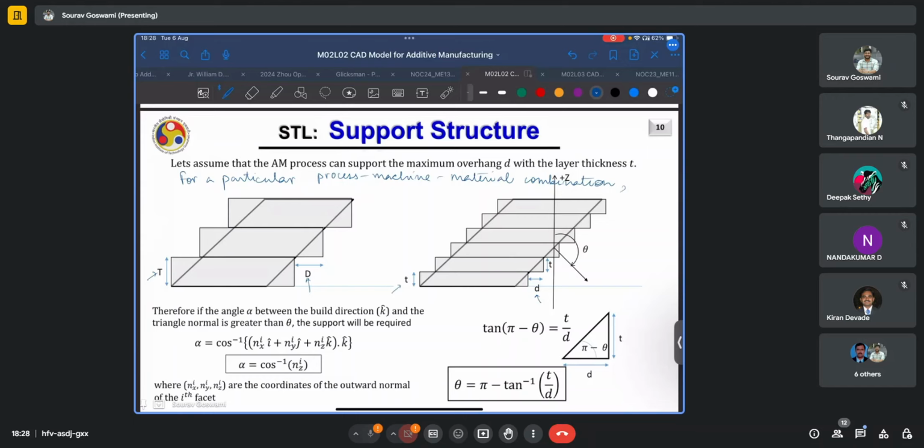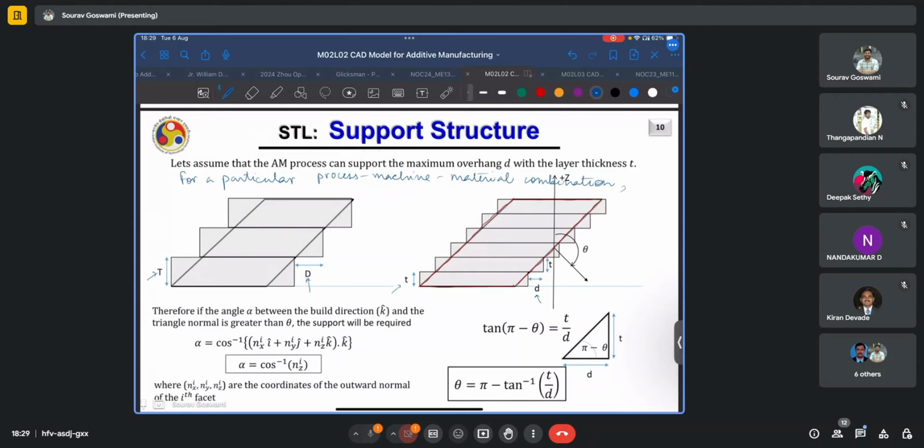If such is the case, it is possible to determine the angle theta which the facet normal, or the exact shape that we're trying to print, makes with the building direction, positive k or the z direction. That theta comes out to be pi minus tan inverse of t by d.